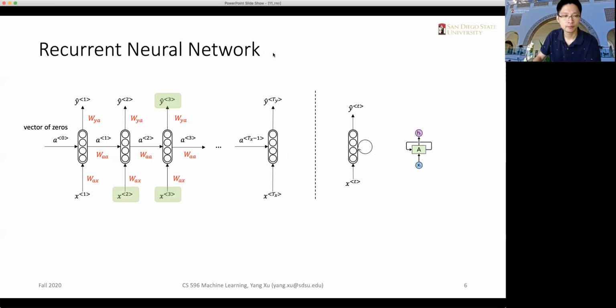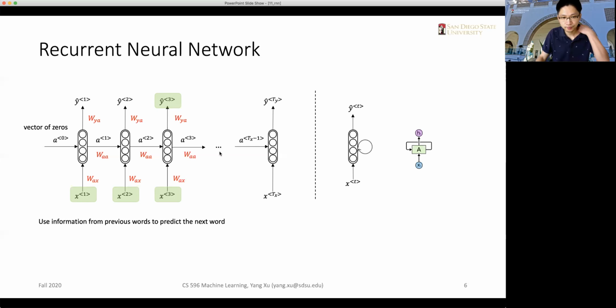Okay, so now if you look at how the prediction for the third time step, y hat 3, is computed, actually the previous input information, which is x1, x2, is also used in the computation of y hat 3.